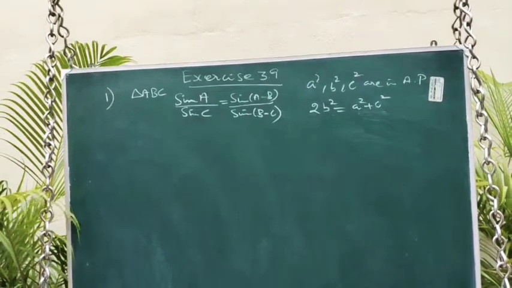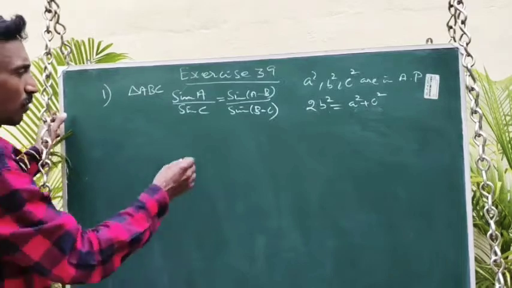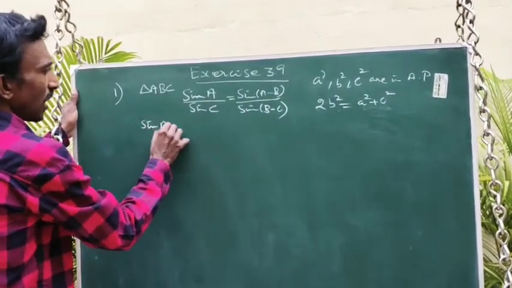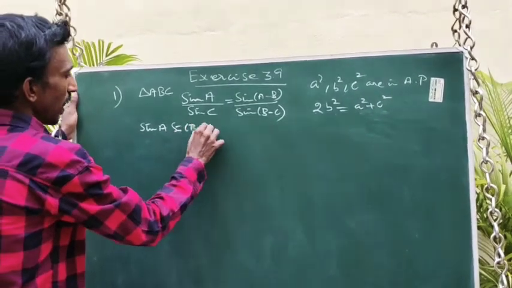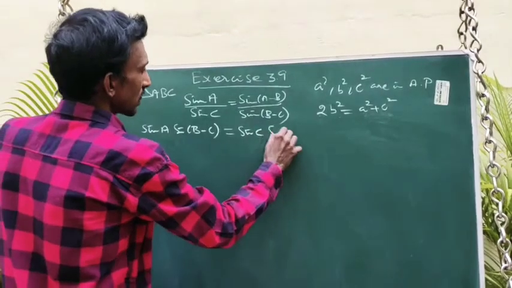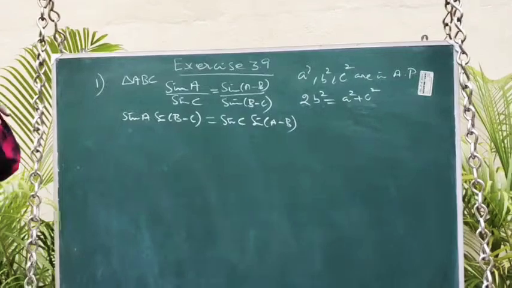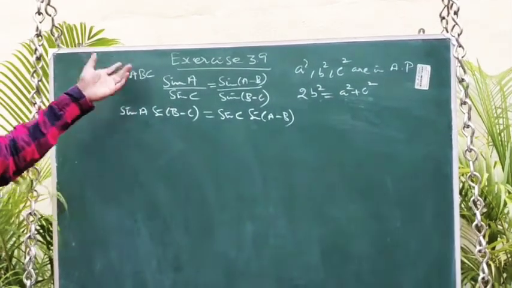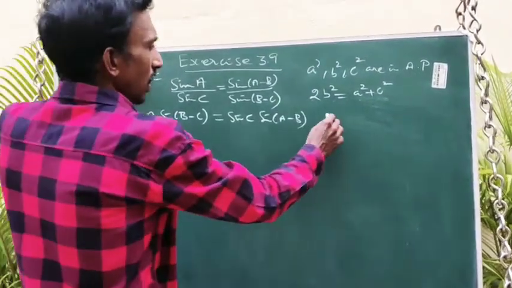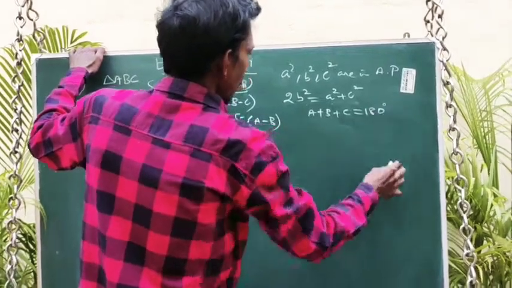So either we can use the cosine formula or the sine formula. Better we use sine. So cross multiply: sin A into sin(B minus C) equal to sin C into sin(A minus B). Before applying the sine formula, we are going to use the previous concept. If ABC is a triangle, then angle A plus B plus C equal to 180 degrees.